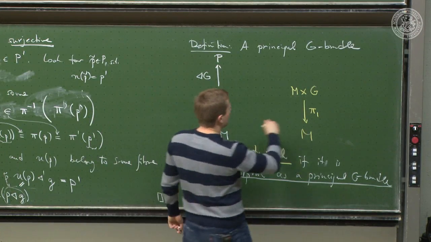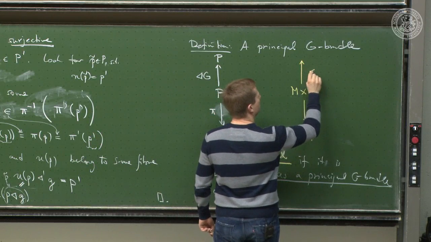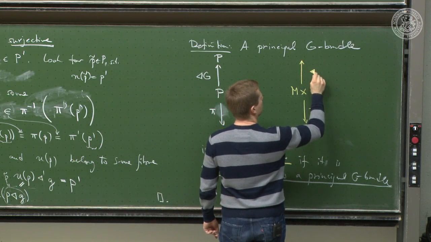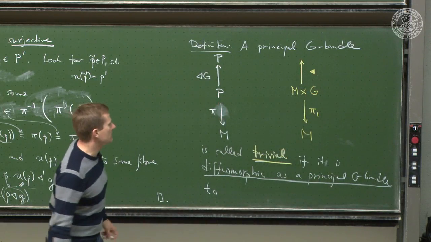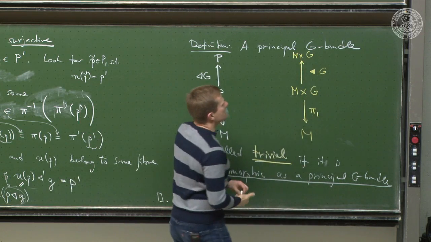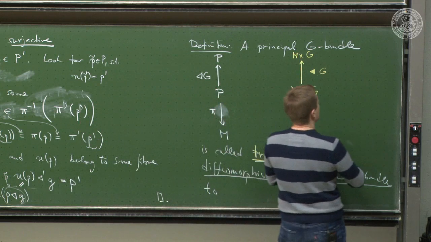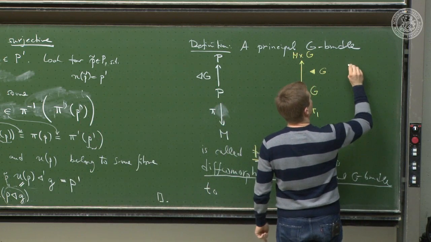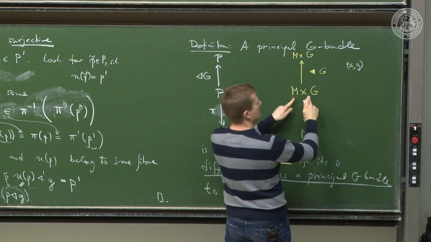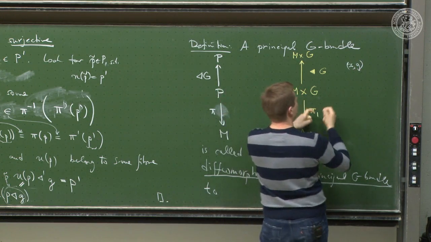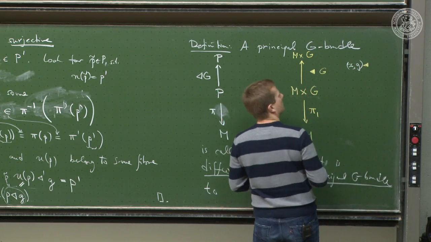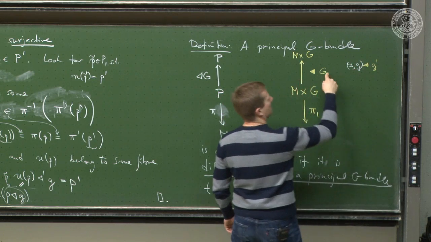And I have an action of the group here, so let's call this the solid action. I could call it the primed action, it doesn't matter, it's the solid action of the group on M cross G. So how does this act? Well, you have an element x and a g, that's certainly an element in here, and then you act with the solid action on it with some arbitrary element g prime.